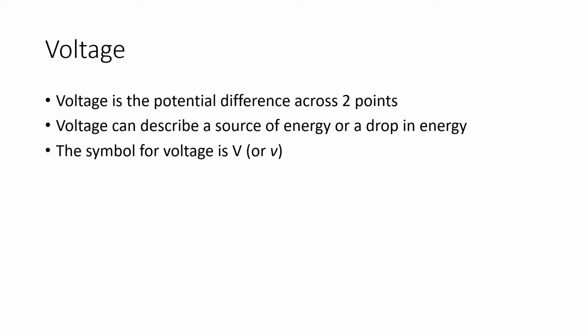The symbol for voltage is the letter V. We use the capital letter V for a steady state voltage and the lowercase v to describe an instantaneous level of voltage.